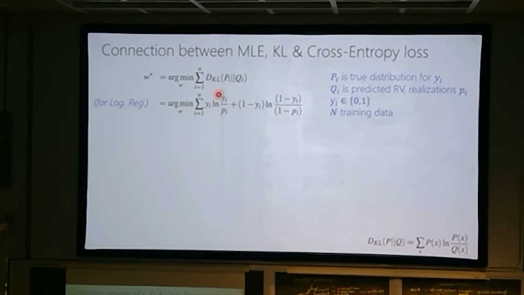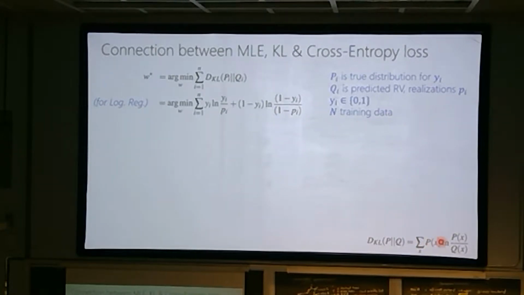And so now what I'm going to show you is actually generally true, but I'm going to instantiate it for logistic regression because it's easier to see. So I can break this out. I'm summing over n data points, and now, according to the definition of the KL divergence, sometimes we just say DKL for short, I have to marginalize over x, right? I have to sum over all values of x.